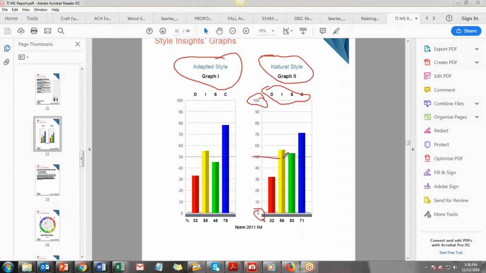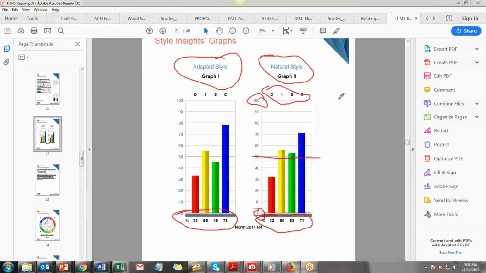The 50% line is what we call the energy line, and I'll explain why we call it the energy line. And then you have the percentages of the scores of the 4 factors.